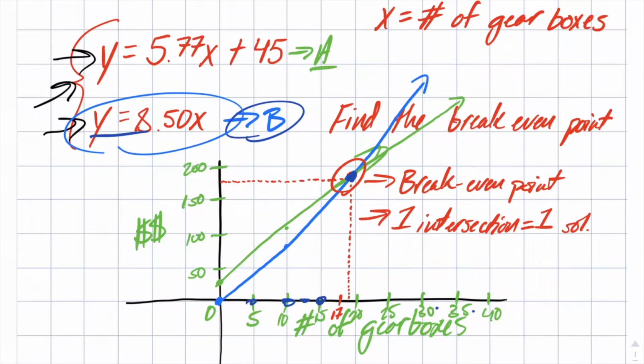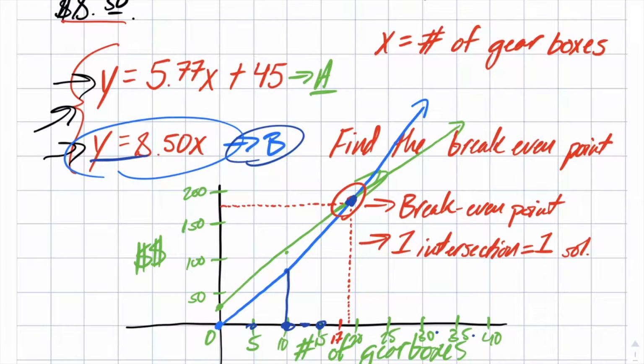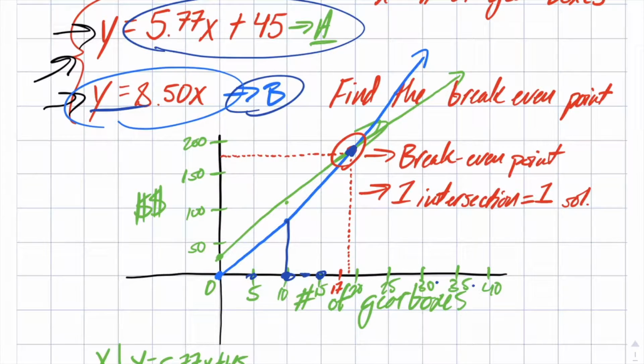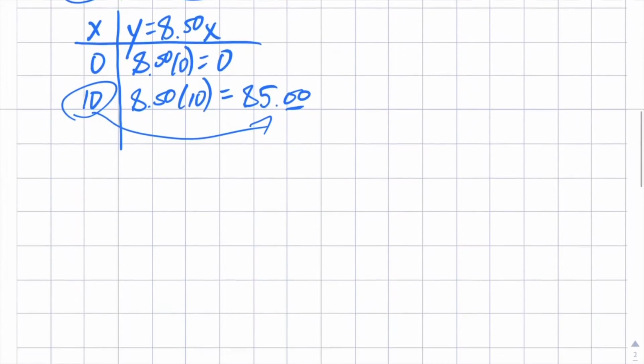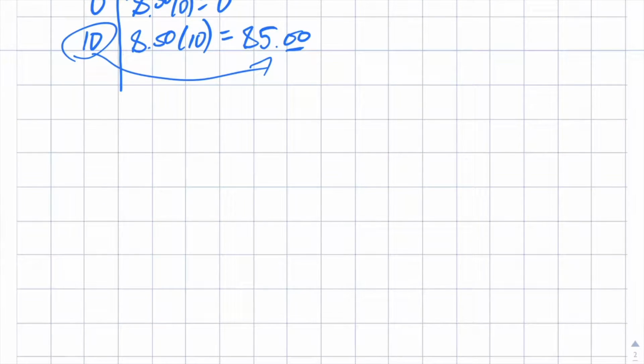Okay? Because you can see at 10 here, it touches blue. And they're still not making profit because the green is higher. And the green was right here. Okay? It might be a tough concept to understand, but key takeaways, and I'll summarize it down here.